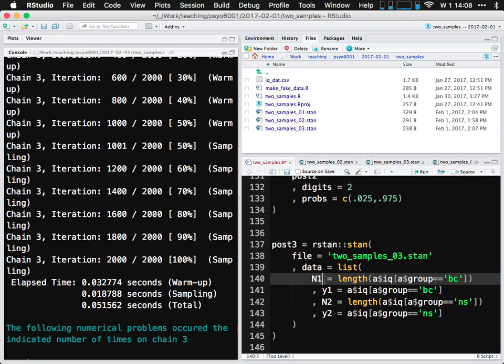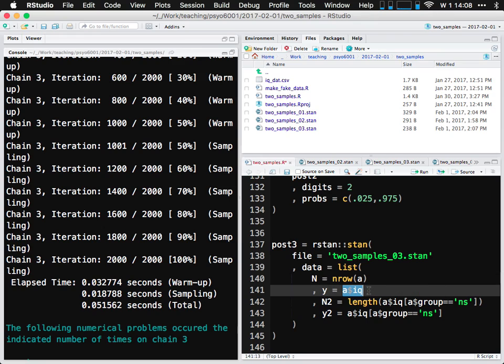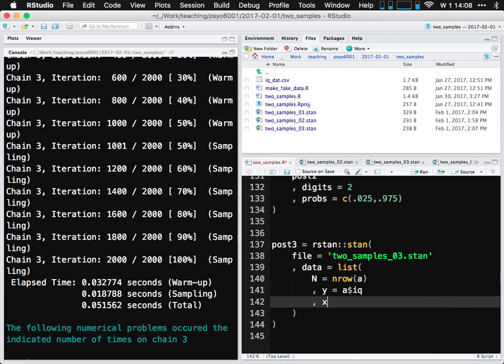So again, I want to pass it something called n, and it just has to be the number of rows in A. And pass it something called y, which is just the IQ. And it wants something called x, which is the group labels turned to -1 for one group and +1 for the other group.